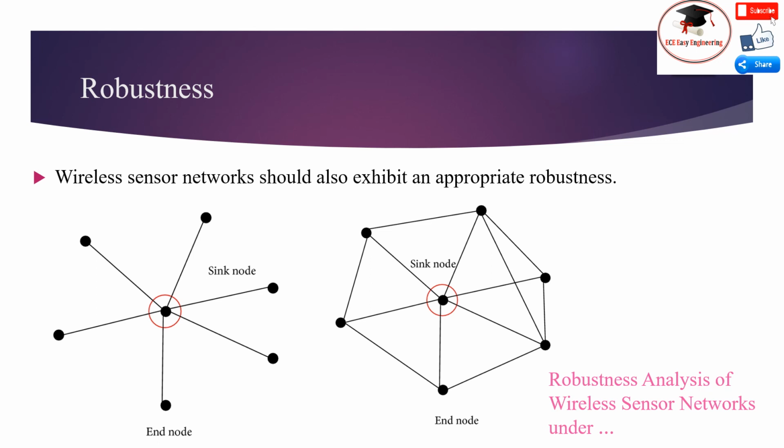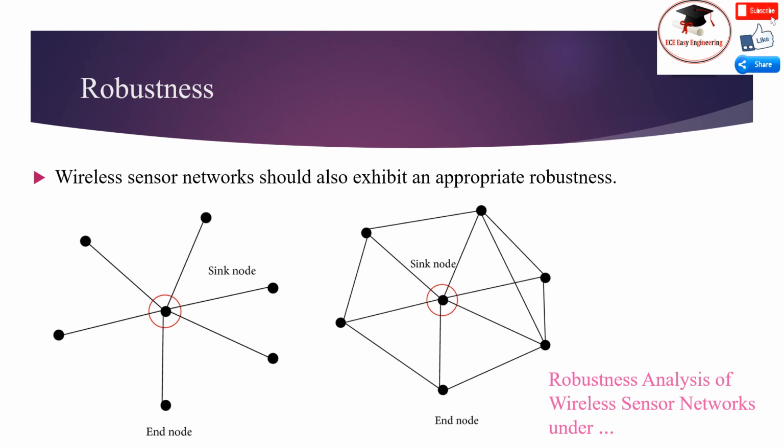Wireless sensor networks should also exhibit appropriate robustness. They should not fail just because a limited number of nodes run out of energy or because their environment changes and severs existing radio links between two nodes. If possible, these failures have to be compensated by finding other routes.